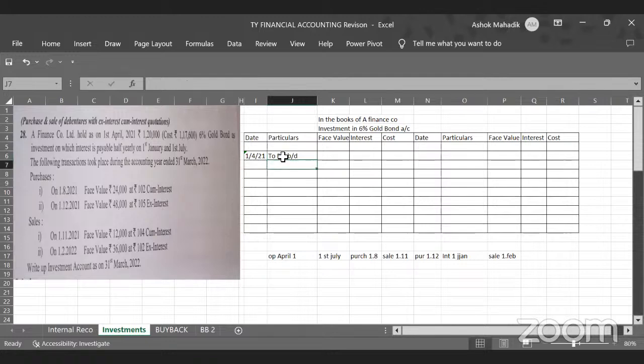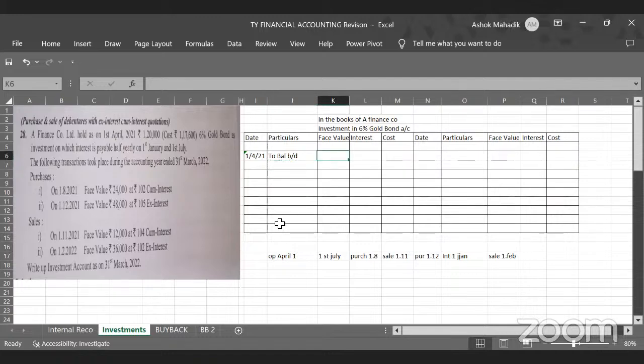In case investment is made in a debenture or any investment asset which is giving a fixed return, like 6%, 8% debentures, always keep in mind that in every transaction we have to calculate interest. And always make a face value column.